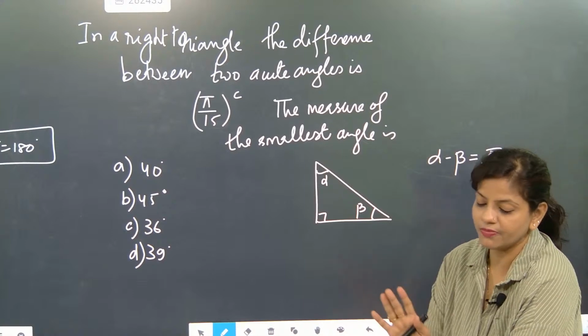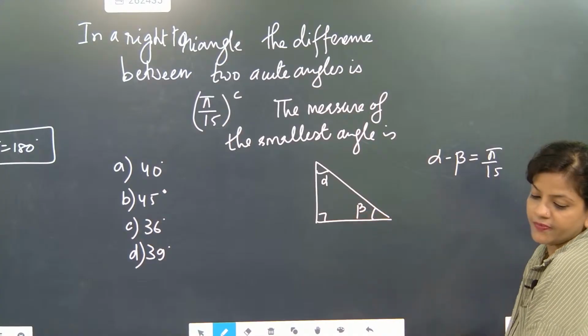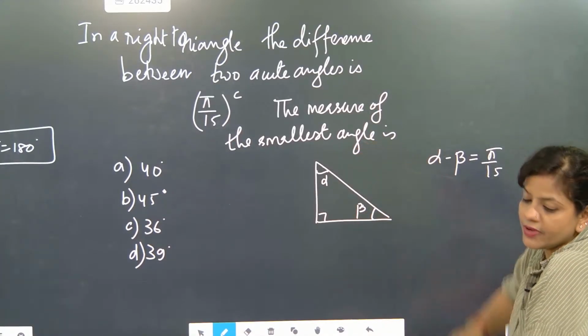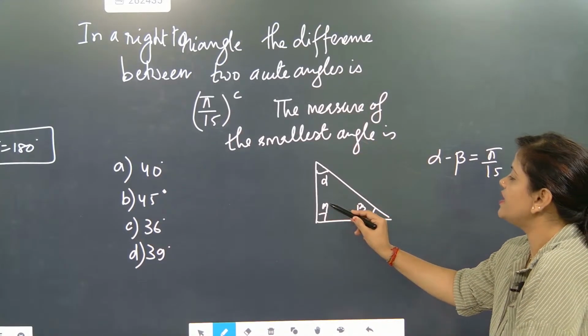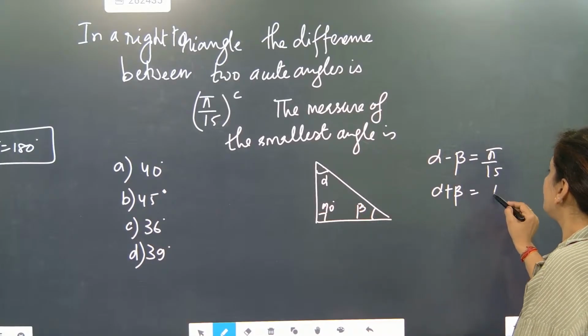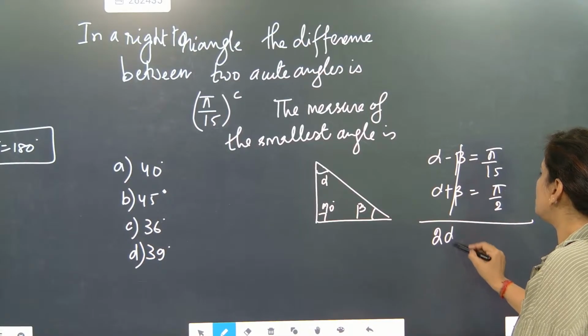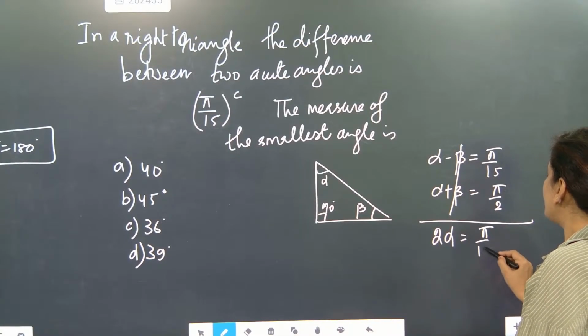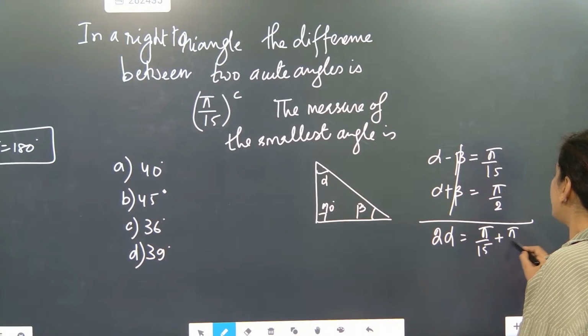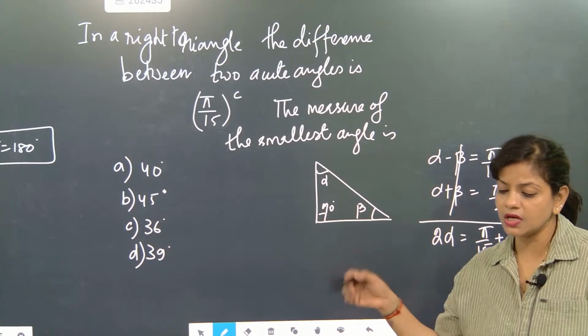They gave only this part of the question, but remember one thing: this is already 90 degree, so the sum of these two angles, alpha plus beta, will be 90, that is pi by 2. So here this cancels, and it is coming 2 alpha is equal to pi by 15 plus pi by 2. With the help of this, we can get the measure.